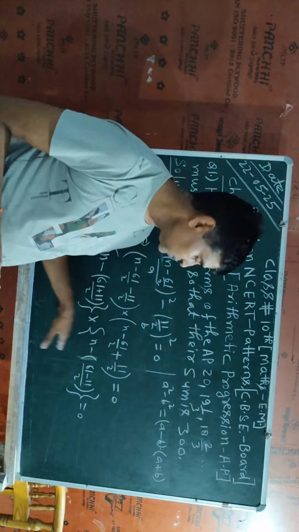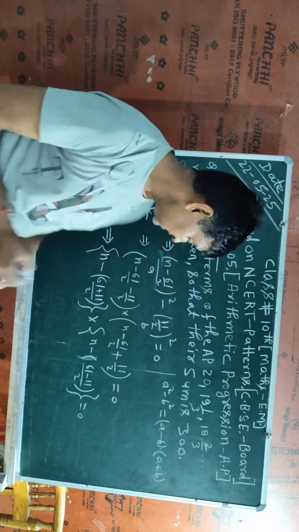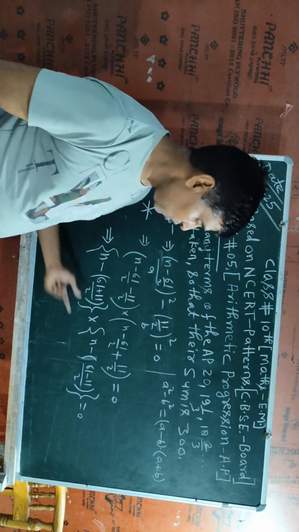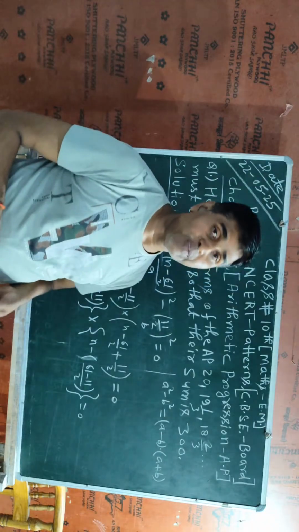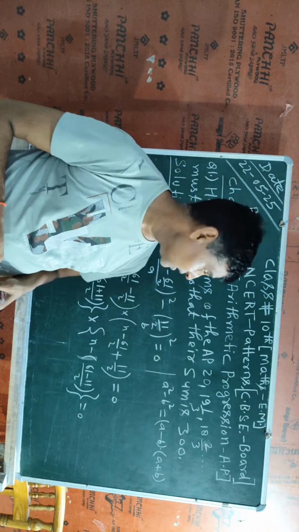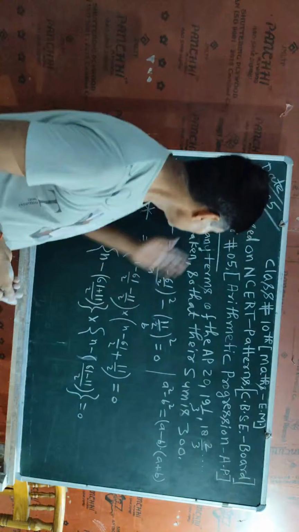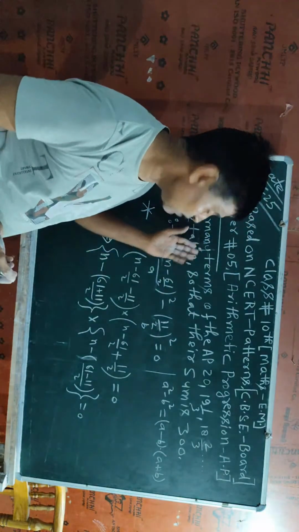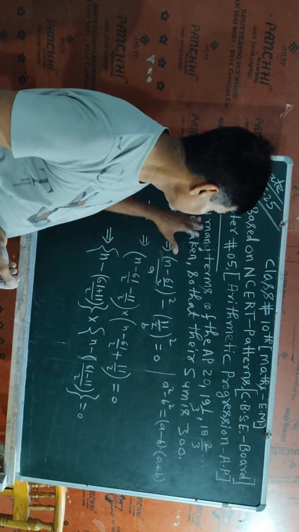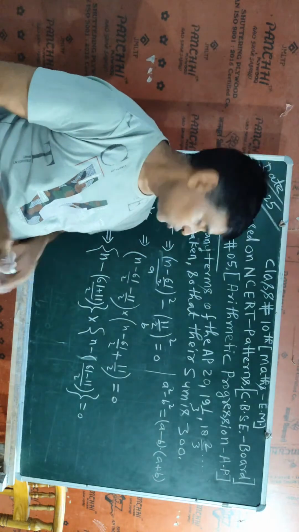So after simplification I will say this term will be 0 or this term will be 0. After making it 0, we will get the value of n, and I will select the value which will be the number of terms available in the arithmetic progression.